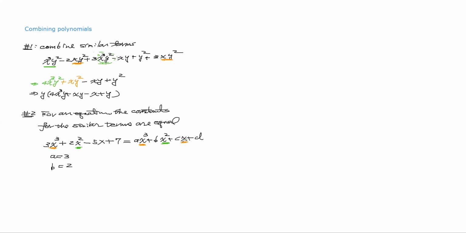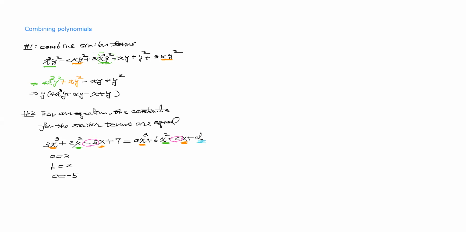So this is the x, so the constant in front of them should be the same. So this is the c. The constant in front of it is negative 5. So that's why we say c is equal to negative 5.